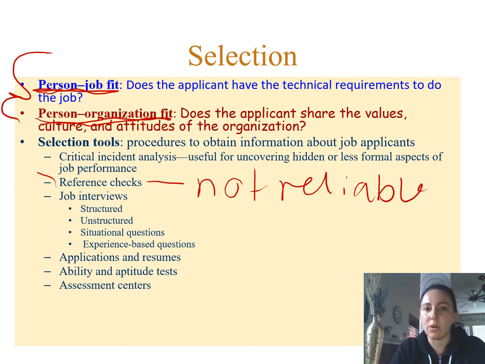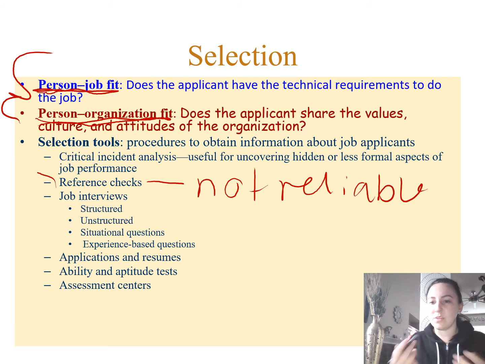Okay, so a lot of this can just be made up. In my opinion, we have to find a completely better way to do this. Reference checks, in my opinion, are more of a formality, and they're almost there to scare the applicants into complying with certain things, because reference checks really are not very reliable. They don't really tell you too much about the applicant.